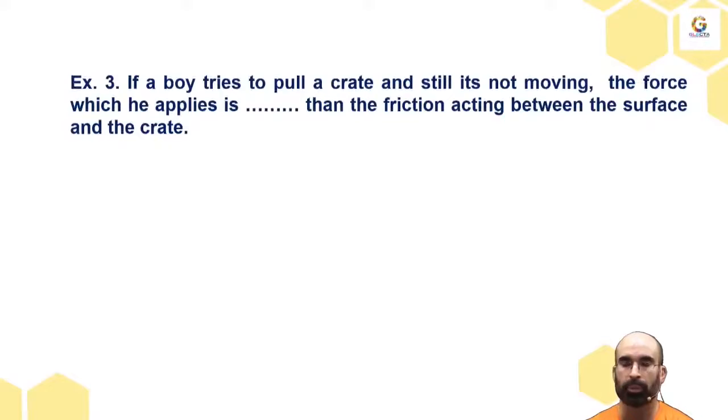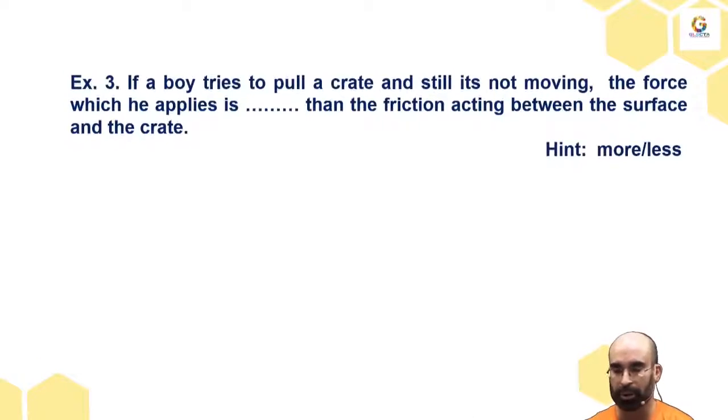Now, another situation. If a boy tries to pull a crate and it's still not moving, fill in the blank: the force which he applies is what, compared to the friction acting between the surface and the crate? It has to be what? There's a hint.